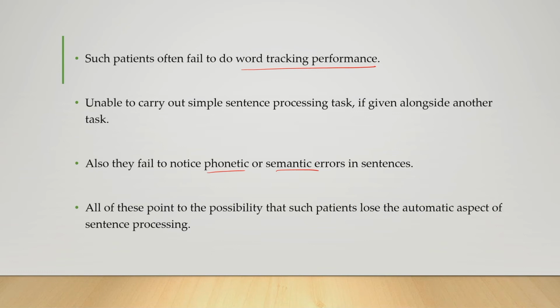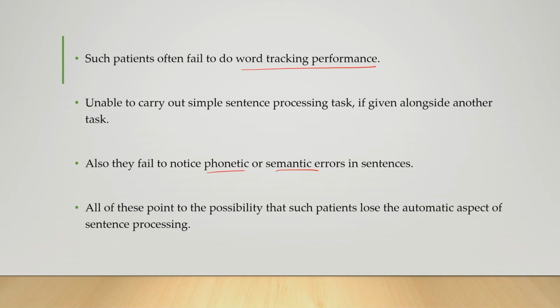All these point to the fact that such patients lose the automatic aspect of sentence processing. Remember, we talked about automaticity in sentence processing, that certain aspects like phonetic identification happen at N100, that is, 100 milliseconds from the onset of the stimulus. Similarly, word category identification happens within a very short time; ELAN shows at 100 to 200 milliseconds.